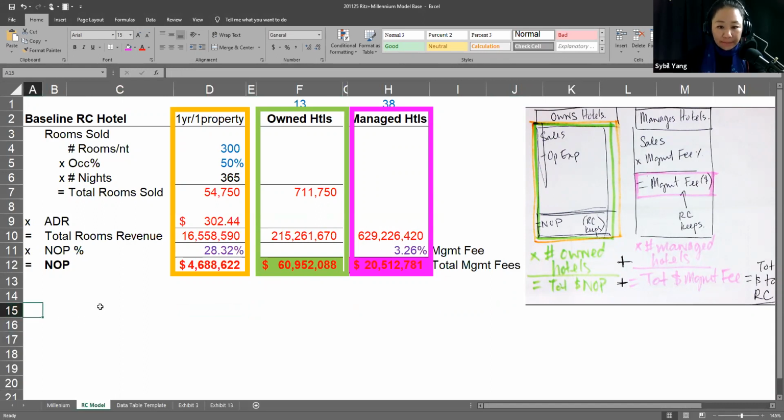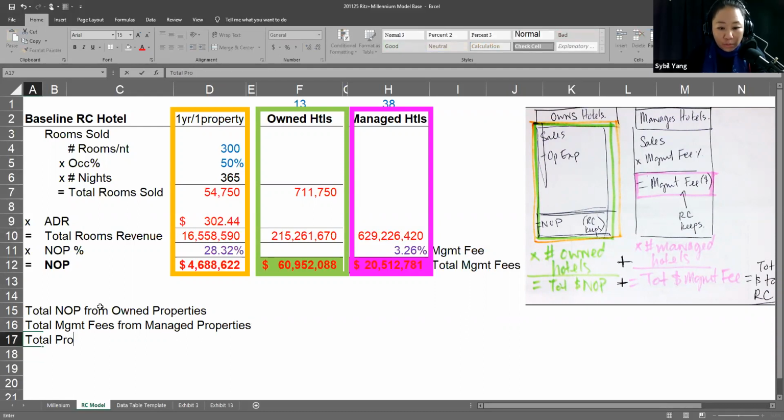So I'm going to say total NOP from owned properties, total management fees from managed properties, equals total profit to Ritz-Carlton.